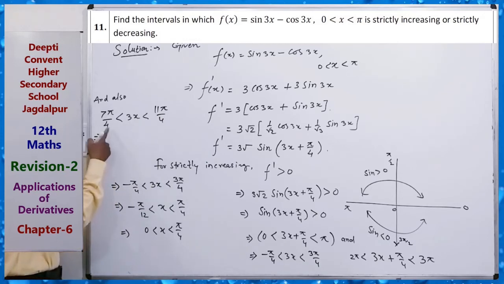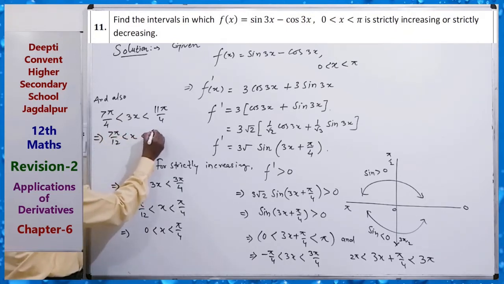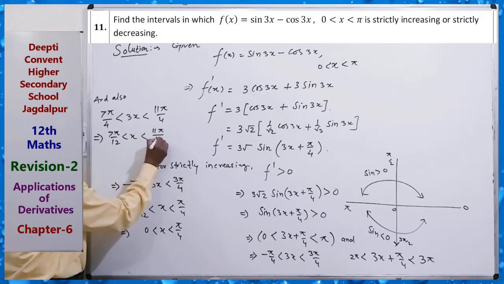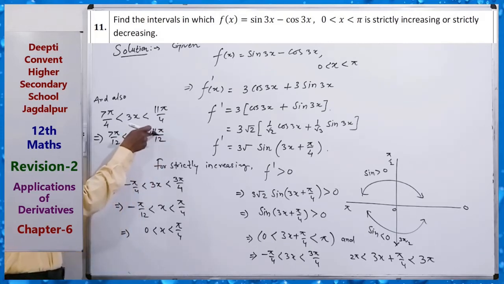This implies, dividing by 3, 7 pi by 12 less than x less than 11 pi by 12. This is also less than pi.